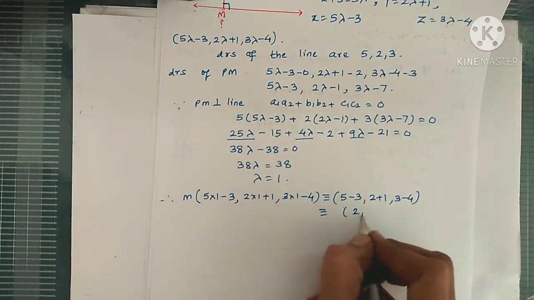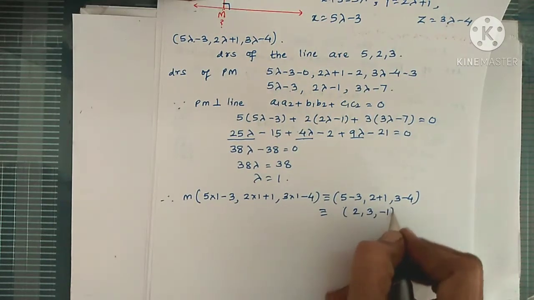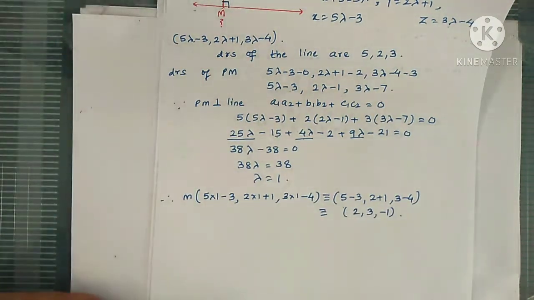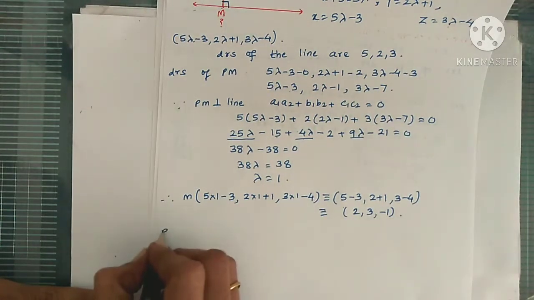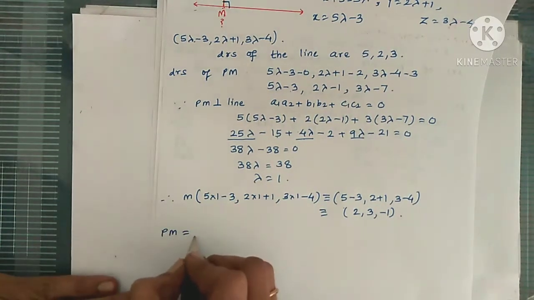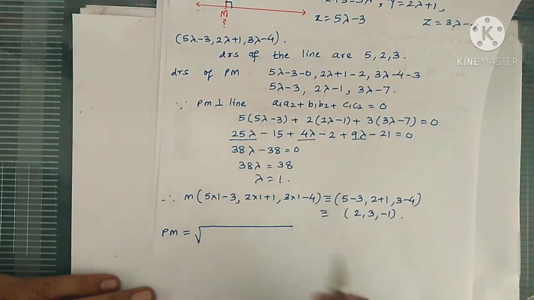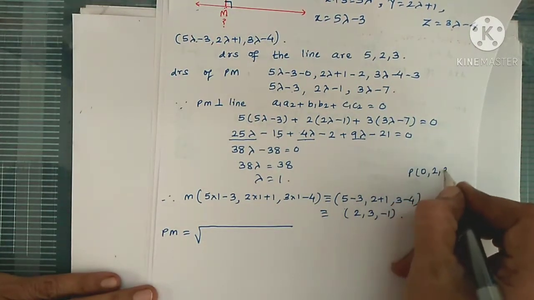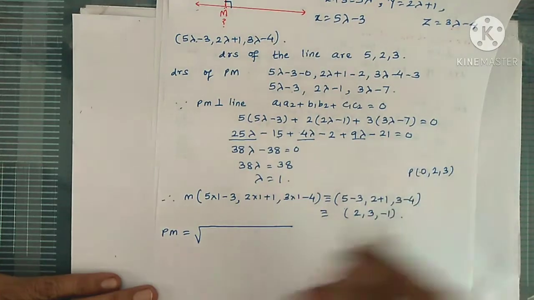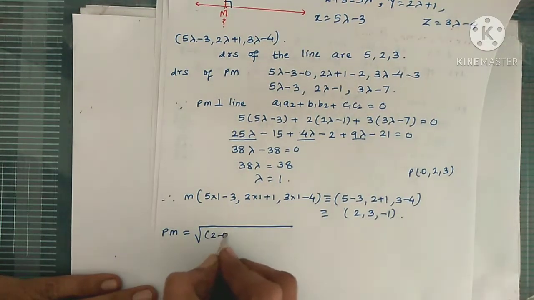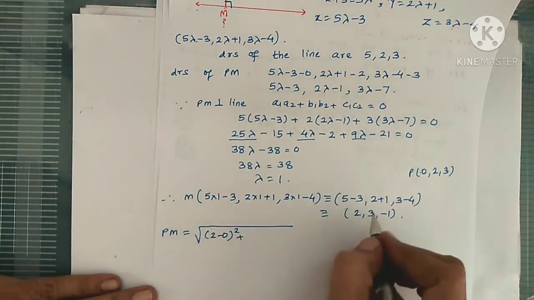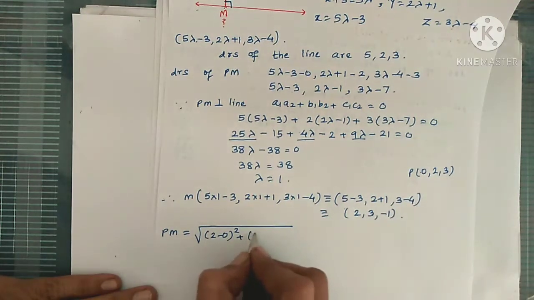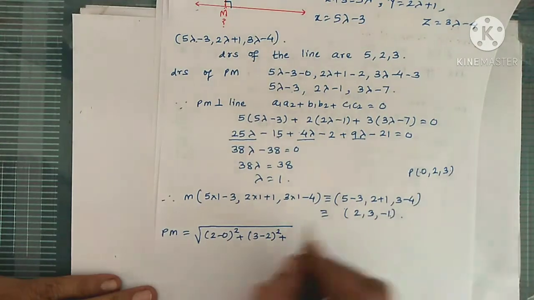So that is (2, 3, -1). Now using the distance formula, let's find out distance PM. So distance PM is, P is given (0, 2, 3), so this is (2 - 0) square plus (3 - 2) square plus (-1 - 3) square.